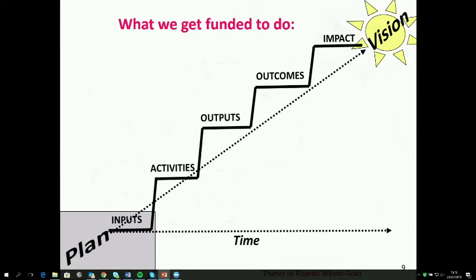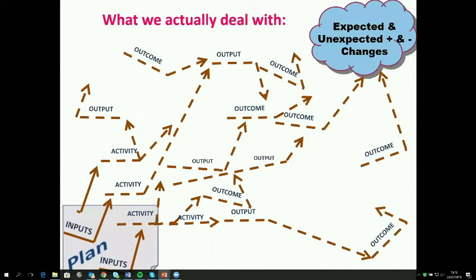So we may plan it to be linear, but then we know that what we're actually dealing with is a situation where certain activities don't necessarily lead to the output we thought they would, or it's going to take longer or shorter for a variety of reasons. And there are also going to be unexpected changes, unexpected outcomes, both positive and negative. So how do we capture all of this?